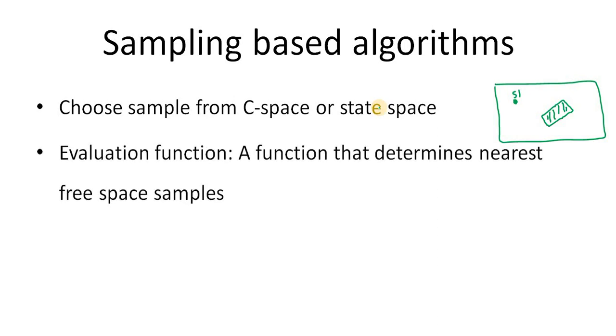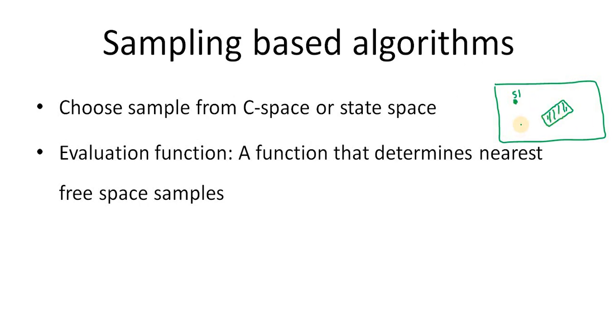Evaluation function. Every sampling based algorithm has some kind of evaluation function. What this evaluation function does is determine the nearest free space samples. This is the task of your evaluation function, which is a part of every sampling based algorithm. It looks for the nearest free space samples that are available. This was the first sample, so it has no other nearest samples available.